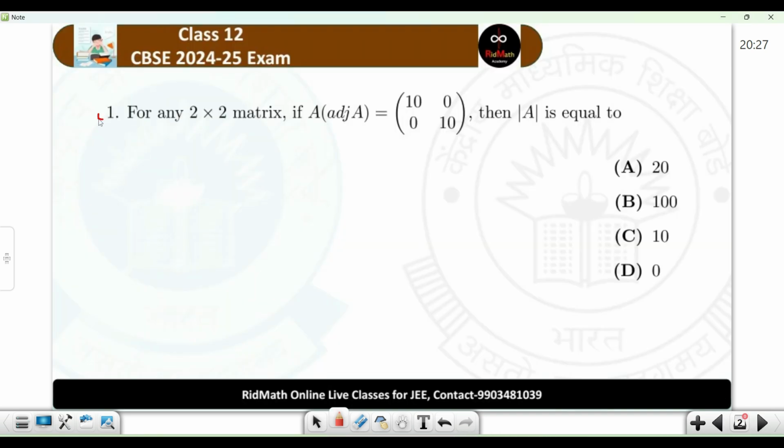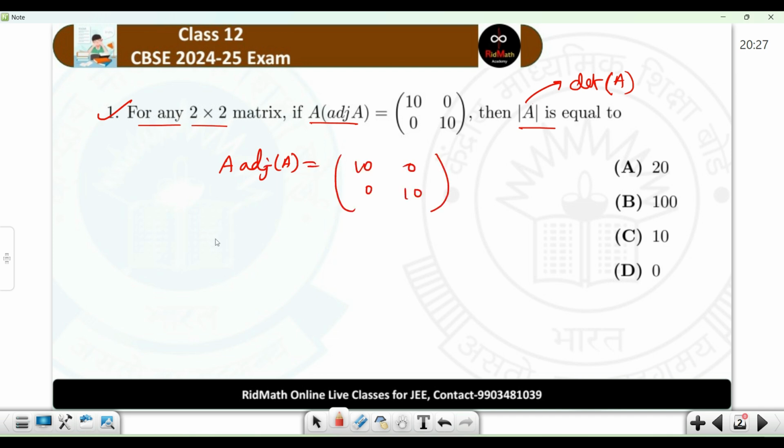So question number 1 is saying for any 2 cross 2 matrix, if A multiplied by adjoint of A is equal to [10 0; 0 10], then det A equals what? This means determinant of A. So given that A into adjoint of A is equal to [10 0; 0 10].